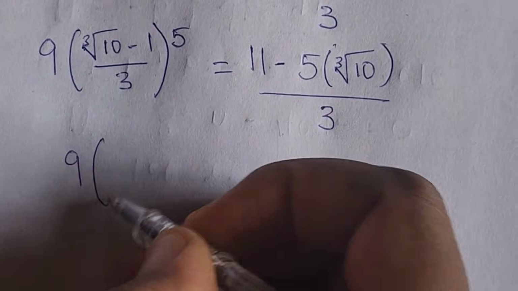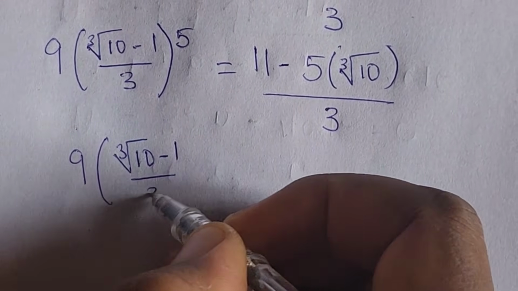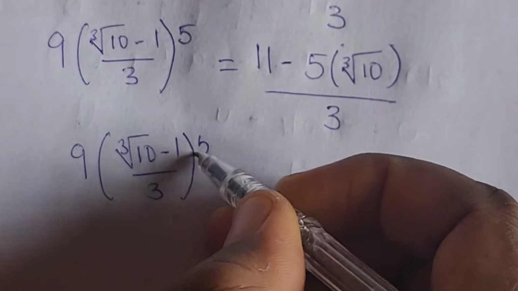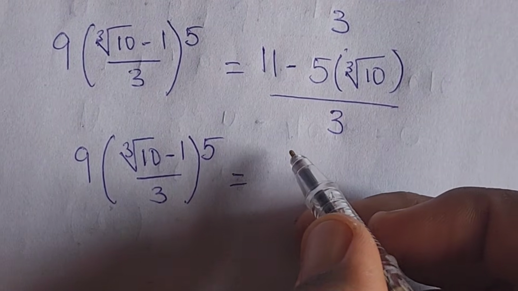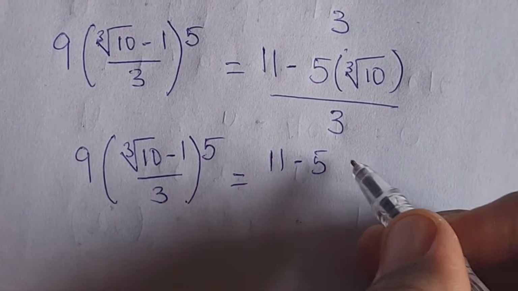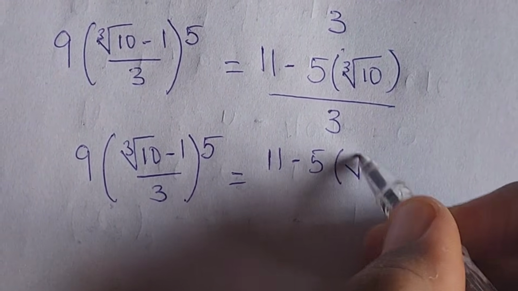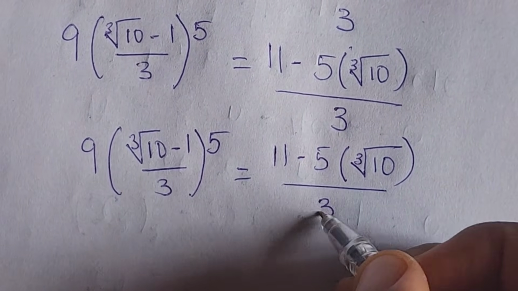So our 9 times the cube root of 10 minus 1 over 3 all to the power of 5 is equal to, we have 11 minus 5 times the cube root of 10 all over 3.